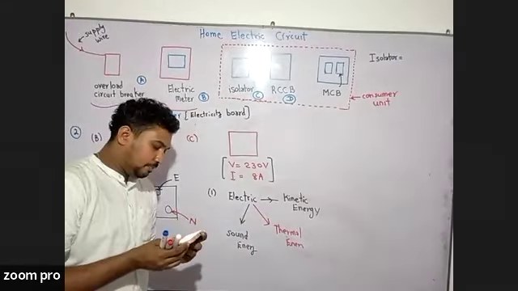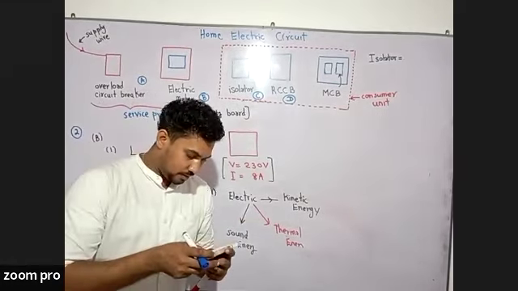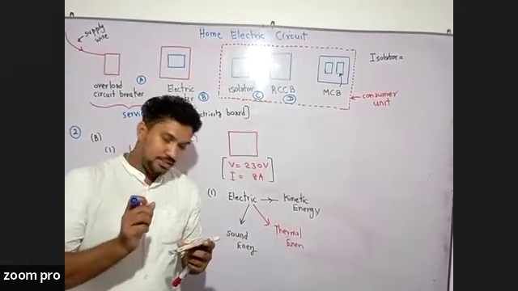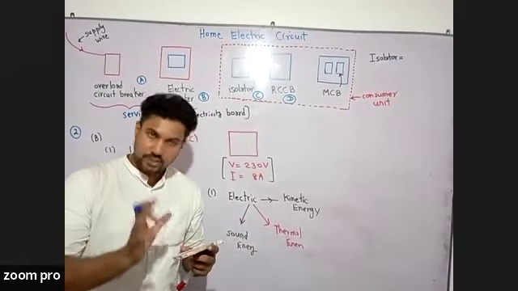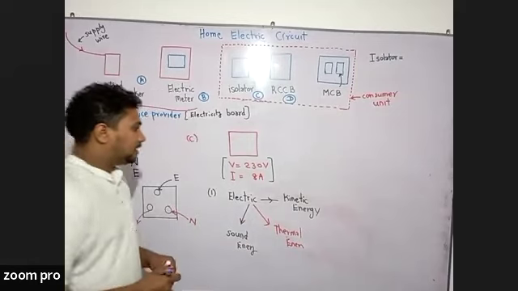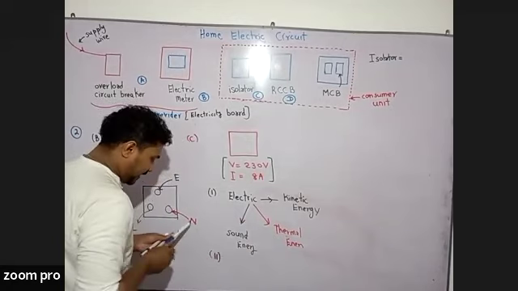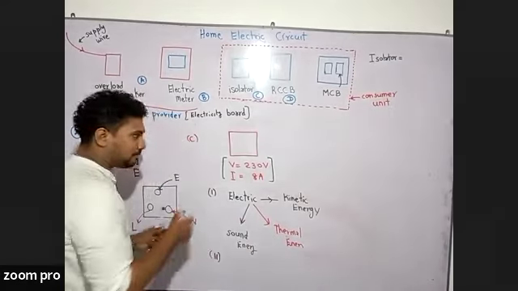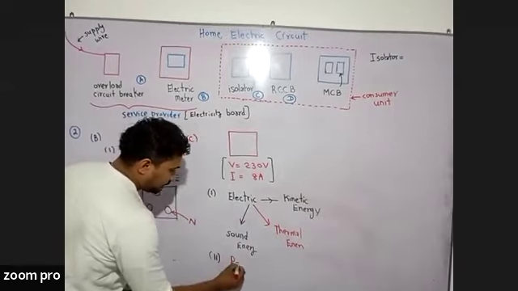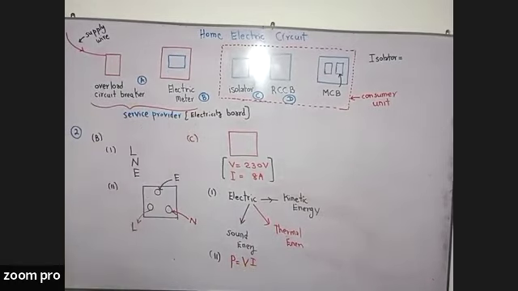Then find the power of the motor. In your paper, it is written as efficiency, but it is not the efficiency. We have to find the power of the motor, right? So how should we obtain the power? You already know the equation I mentioned earlier. Power equal to voltage into current, right?